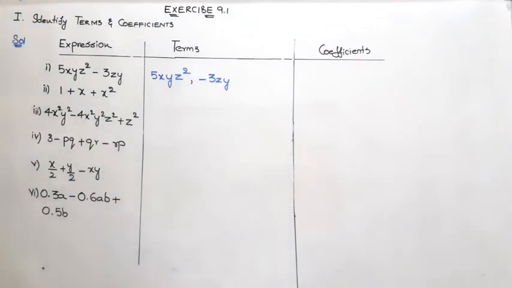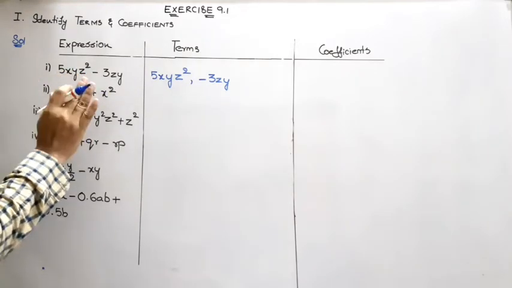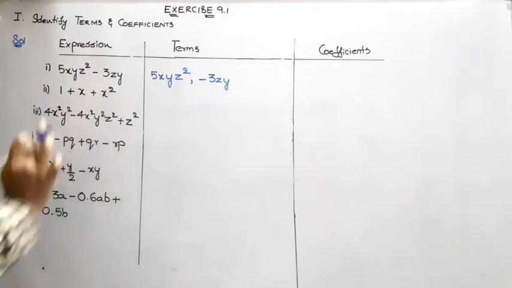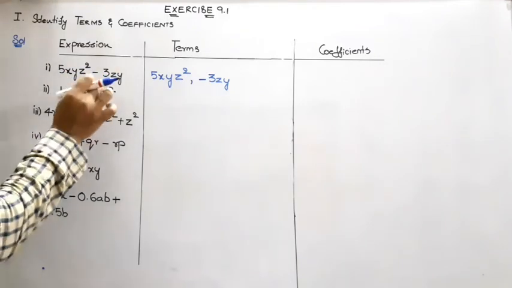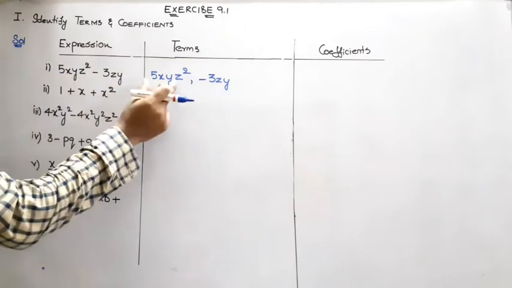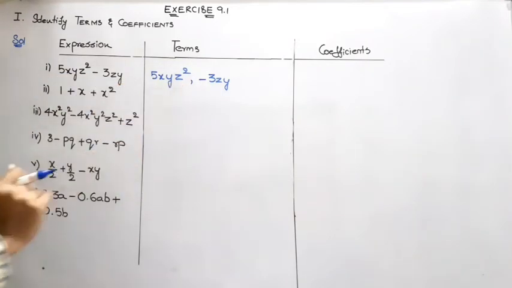So don't neglect the signs. If it is plus, not at all a problem, but if it is minus, you please give that minus to the term of the given expression. So 5xyz square is one term, minus 3zy is the second term.